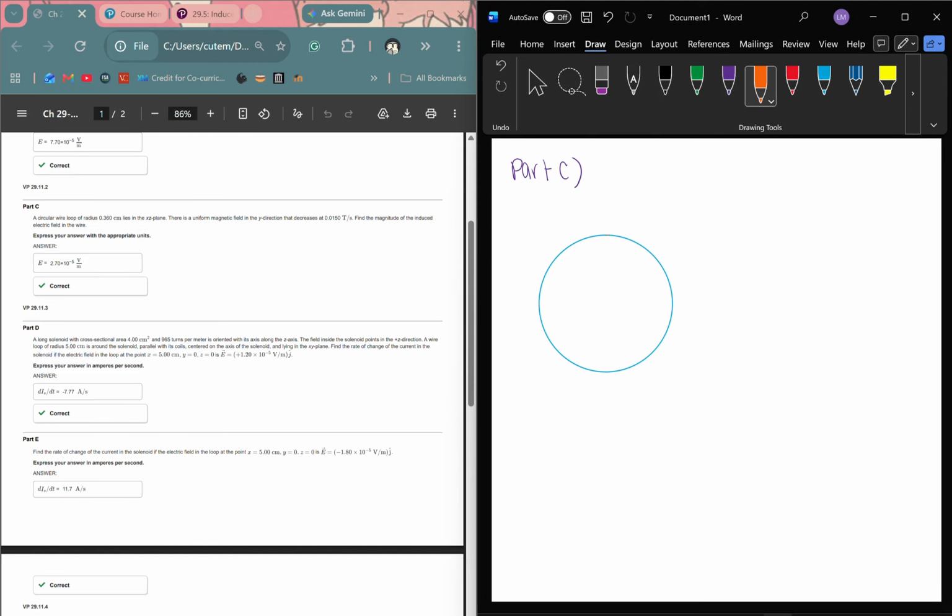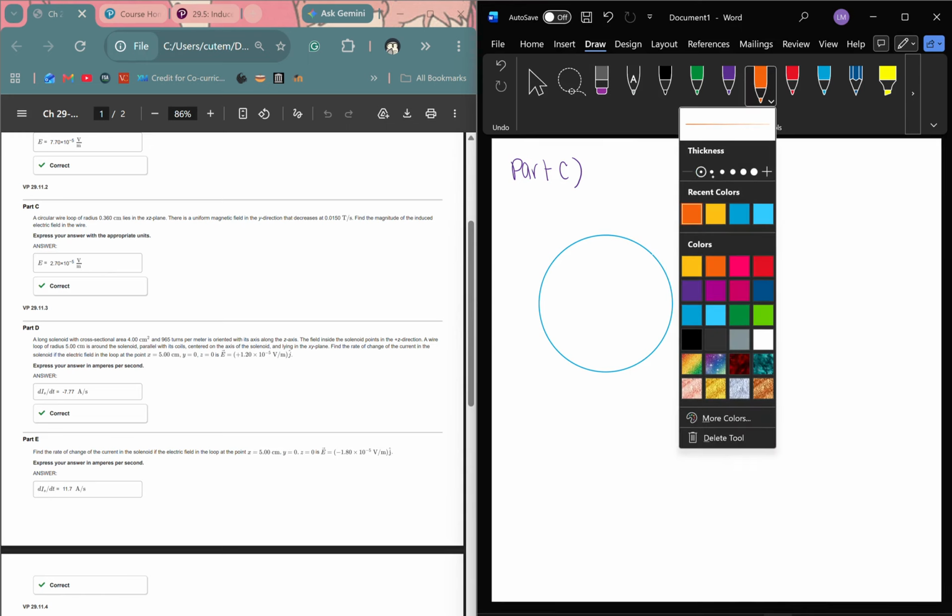Let me make it thicker so it's easier to see.